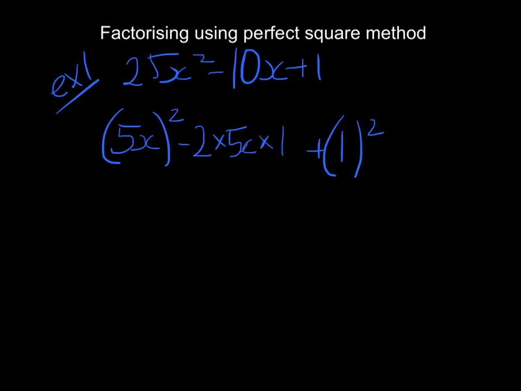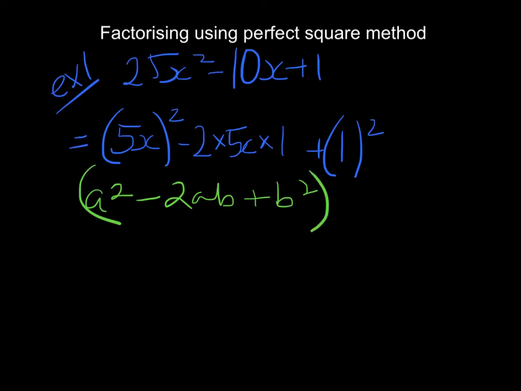That means that it conforms to a squared minus 2ab plus b squared, which is the perfect square, right? So therefore, I can immediately put it into the form of a minus b all squared, where a is 5x and b is 1.